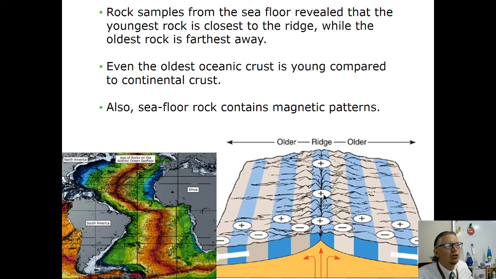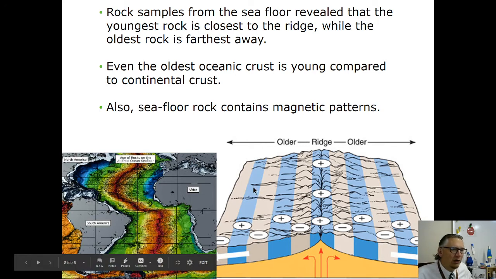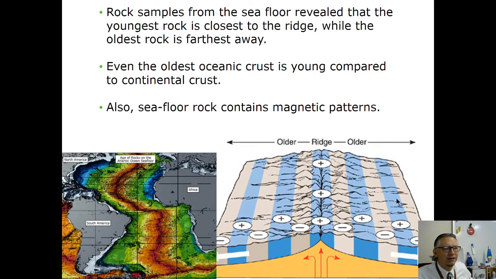So by taking a look at this, they found out that everything to one side matched up with everything to the other, so that this ocean was getting bigger and bigger. So we had two things: one is the age of the rock, and the other one is the magnetism of the rock.